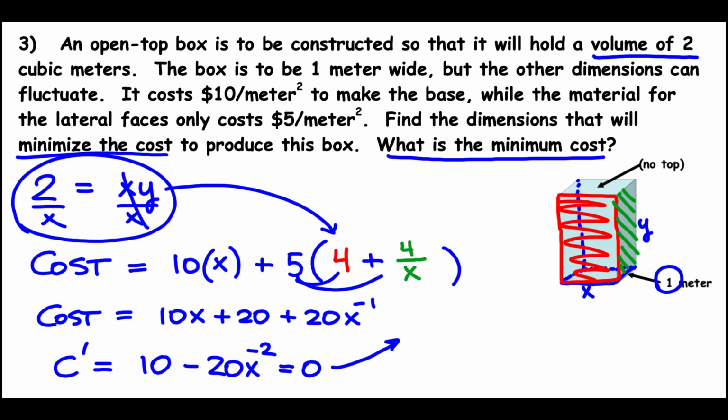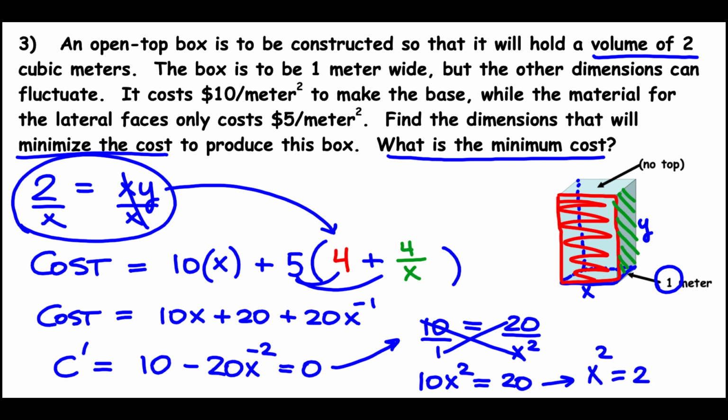If I add 20x to the negative second to both sides, I'm going to have 10 equals 20 over x squared. If you cross multiply, you get 10x squared is 20, which means that x squared is 2. So x is the square root of 2.